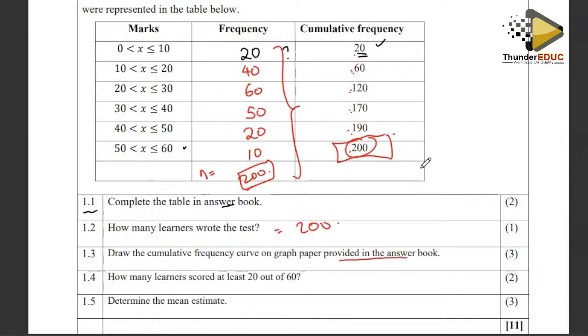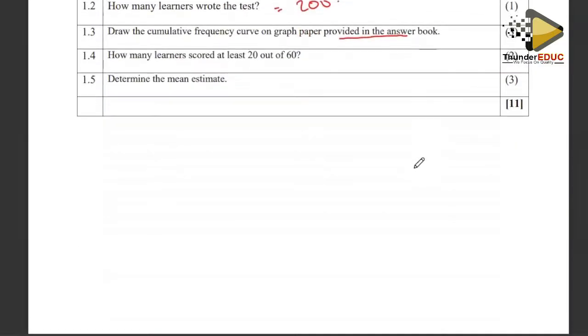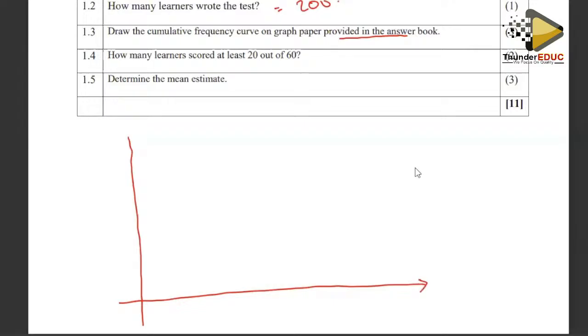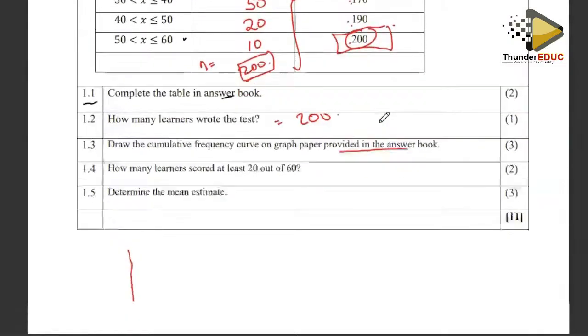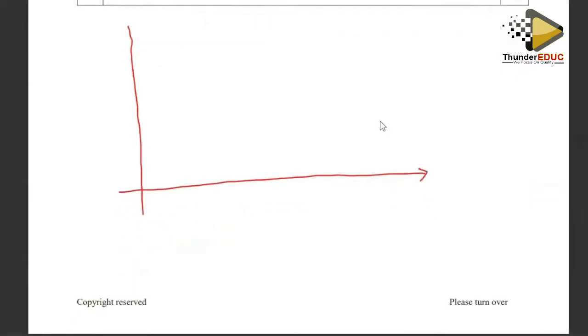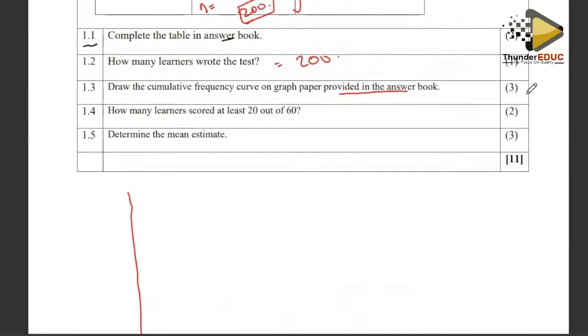I don't have that page, but I'll try to just put it down here, just for the purpose of people having an idea. With the intervals, we have 0 up to 60, so I can use 10: 0, 10, 20, 30, 40, 50, and 60.